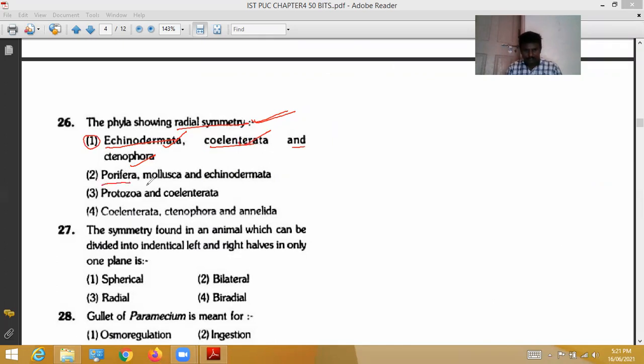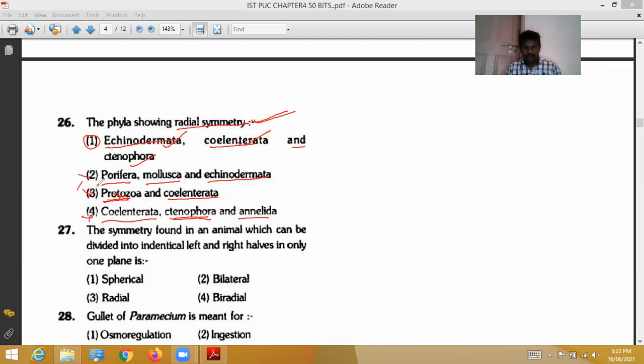Let us see. Porifera will not show radial symmetry; it is asymmetrical. Mollusca will not show radial symmetry. Echinodermata will show bilateral symmetry. Protozoa will not show radial symmetry. Coelenterata will show bilateral symmetry. Ctenophora will show radial symmetry, but Annelida will show bilateral symmetry, so that is wrong.